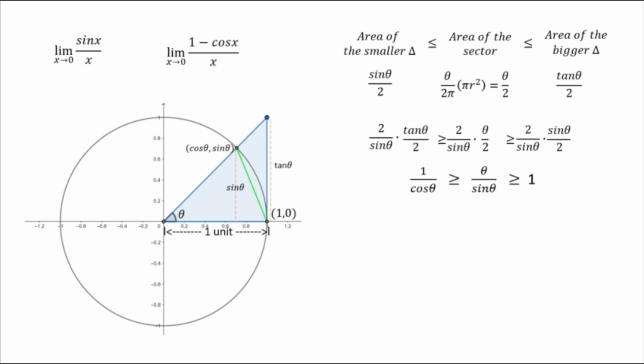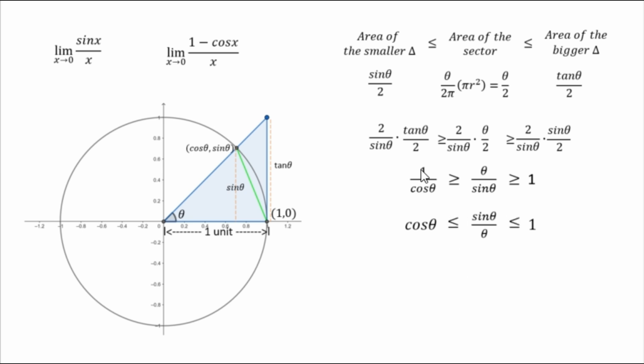We take the reciprocal of each of the expressions, because what we really need is sine theta over theta. But sine theta is down here, theta is up there, so we need to take the reciprocal. But in so doing, because the involved expressions do not change their signs as long as theta is in the open interval from negative pi over 2 to pi over 2, the act of reciprocating must reverse the direction of the inequality.